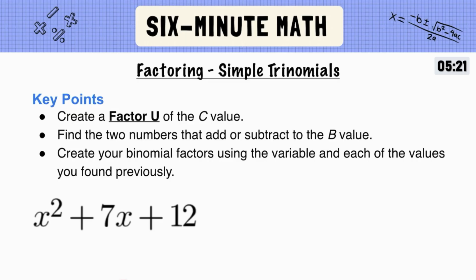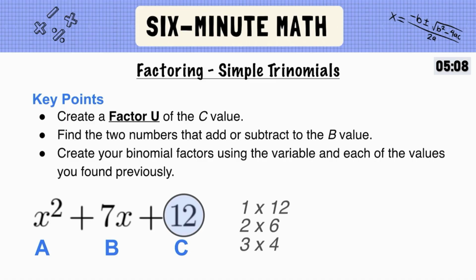I'm going to factor x squared plus 7x plus 12. I have my a, b, and c value. And I'm going to create a factor u for that c value of 12. What does that look like? We have the following factor u, and I'm going to find two numbers that add to that b value.